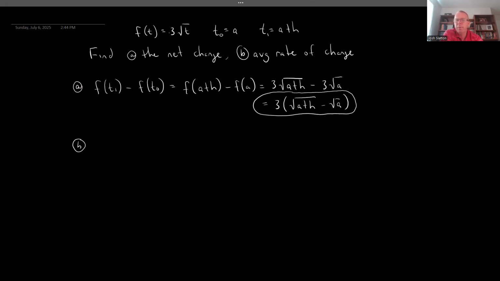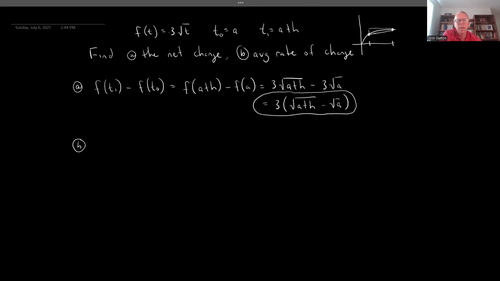If we look at this graph, just to illustrate, 3 times the square root of t looks something like that. And if a is here and a plus h is there, we have this point and that point. The vertical distance between those 2 points is our net change. The slope would be if we connect those 2 points with a line. So the average rate of change would be the slope between those 2 points. And so that's what we're doing.